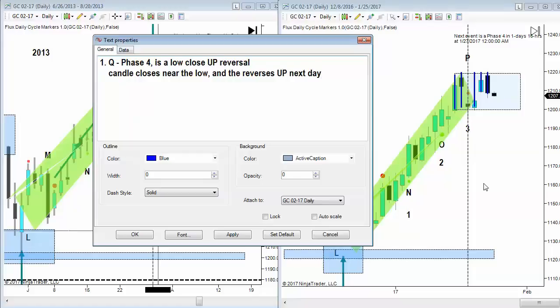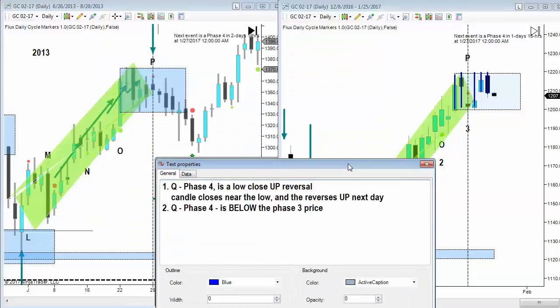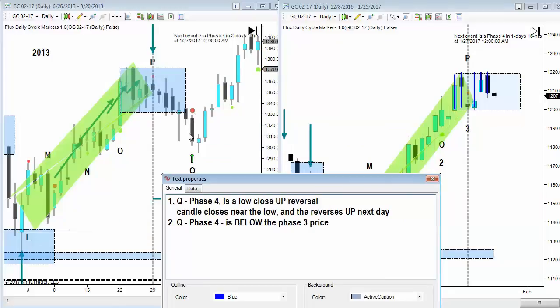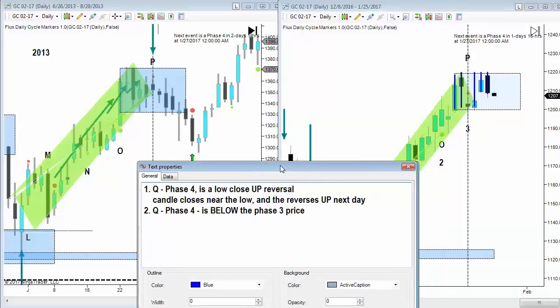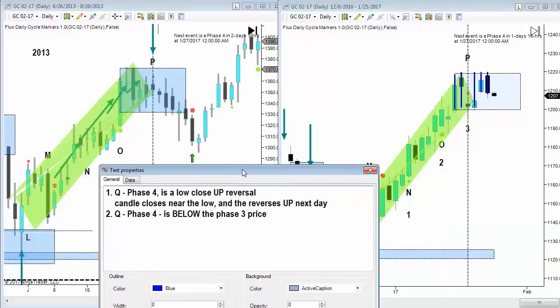That's the first observation that we can make. Number 2, the phase Q, the phase 4, is below the phase 3 price. So if we look here in the past, the phase 4 is below the phase 3 price. Okay, those are two of the characteristics of what happened in the past.